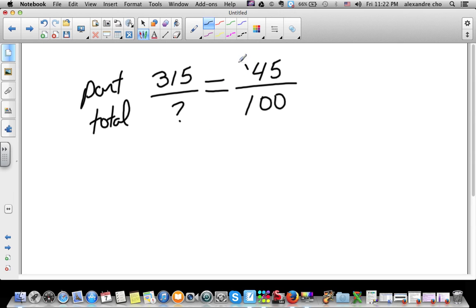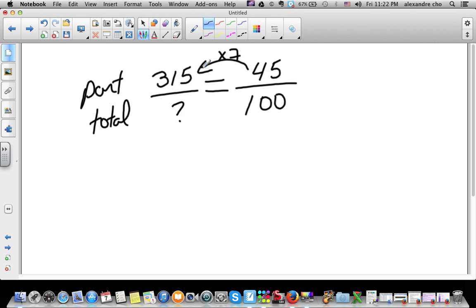So see if you find a relationship going this way, because those two numbers are the only ones that you can work with. So 315 and 45, is there a relationship between 315 and 45? Let's find out. I believe that might be 7. Yes it is, times 7.